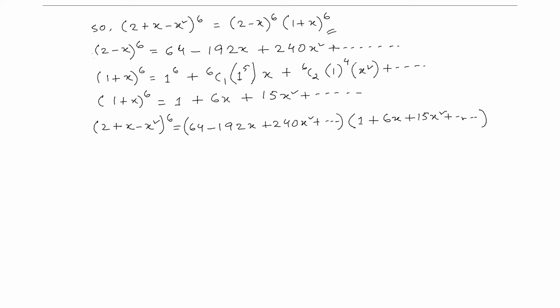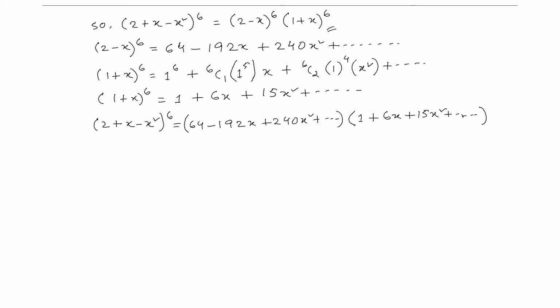Now let's investigate which of the products could give us the x squared term.